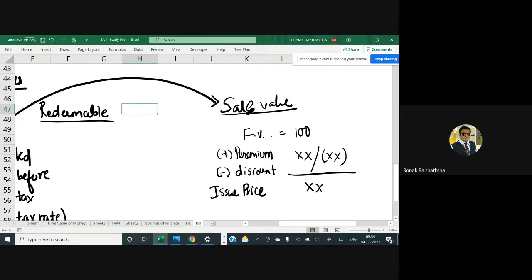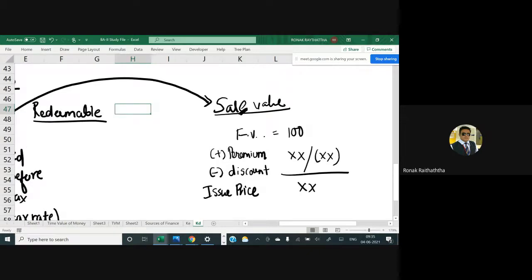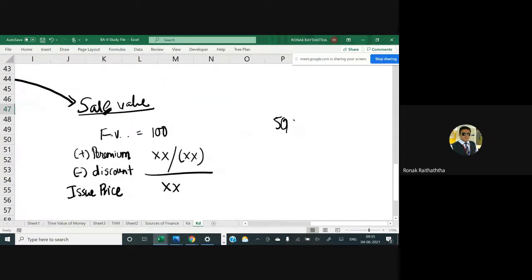Now that flotation cost, you will identify how much it is in total. Then you will see what the flotation cost per debenture is. Let's say the flotation cost is coming to 50 lakh rupees and we have issued 1 lakh debentures.